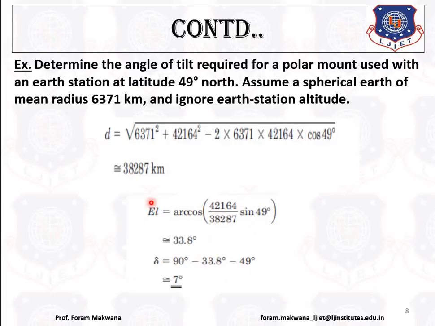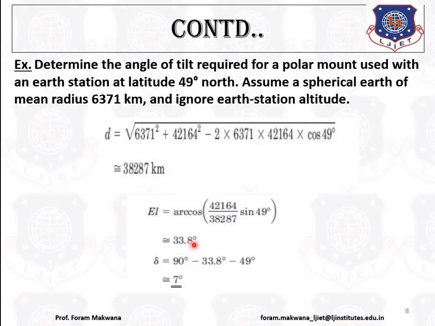Now we calculate the elevation angle, because it is required for the equation of delta. Placing the values of A GSO, d and lambda E, we get the elevation angle as 33.8 degrees.